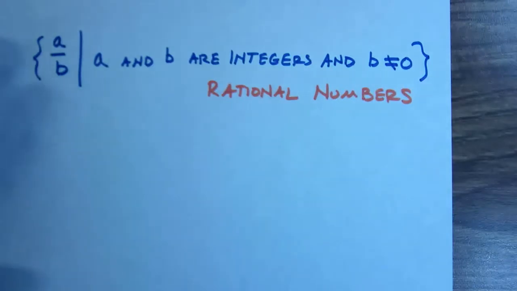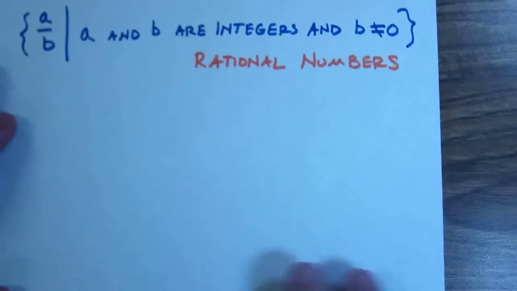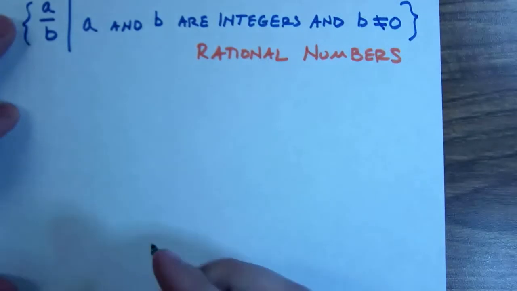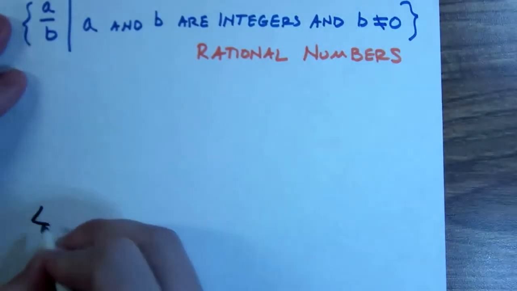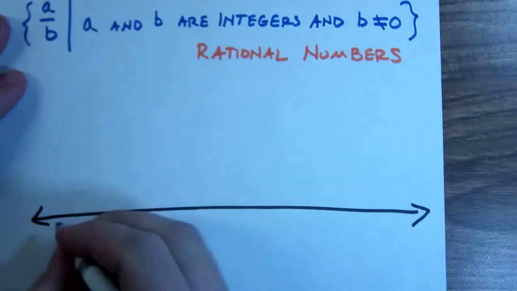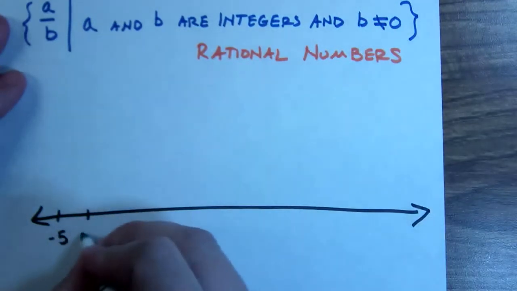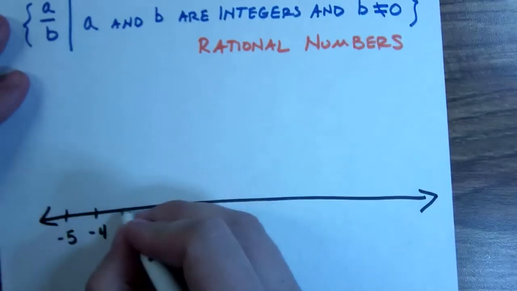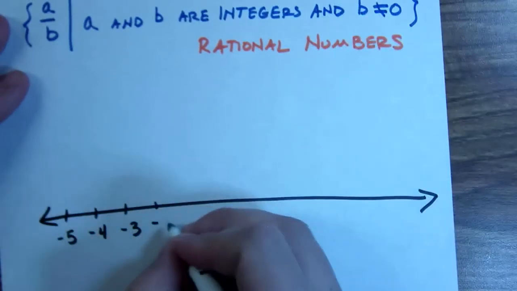The hardest part of these rational numbers is actually putting them in order. So I'm going to create a number line here. I'm going to create a number line that goes from -5 to +5.